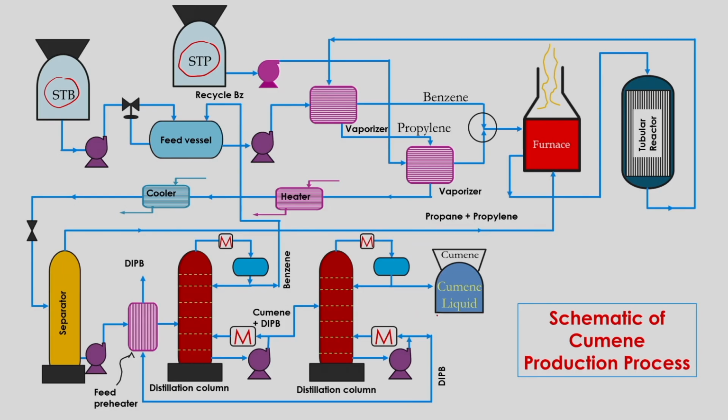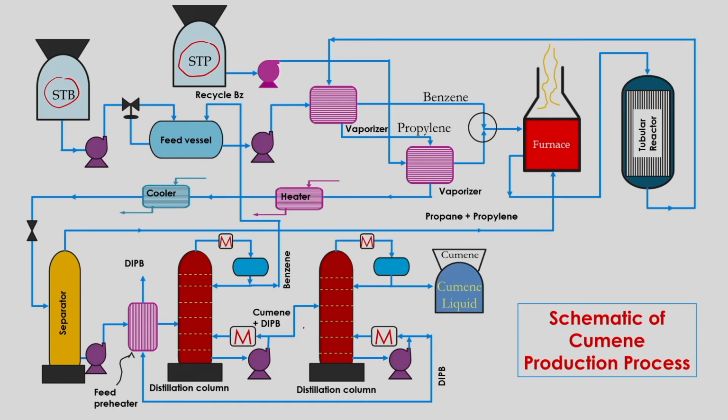From the bottom of the cumene distillation column, 100% DIPB will be taken out, and it will be used for preheating the mixture of benzene, DIPB and cumene coming out of the flash drum separator, and then the DIPB is used for other purposes.